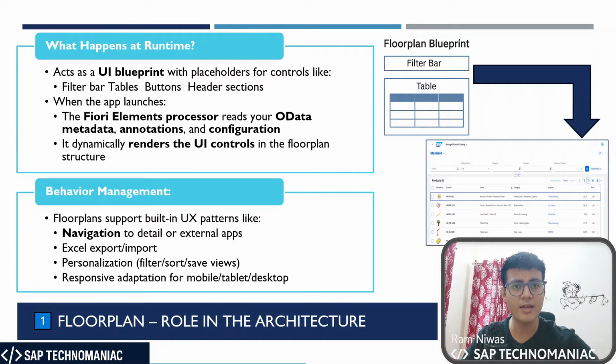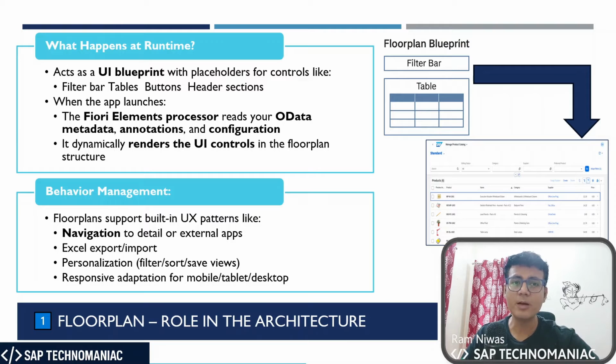Suppose you have defined the selection filter in your backend using the annotation. It will read that selection filter and that UI element of the selection filter will be rendered in the filter section. You have defined a lot of columns in the table in a sequence. Based on the sequence, each and every column will be rendered here.